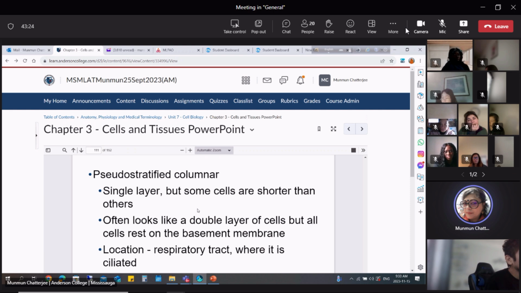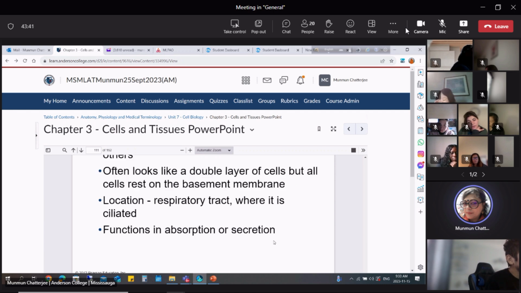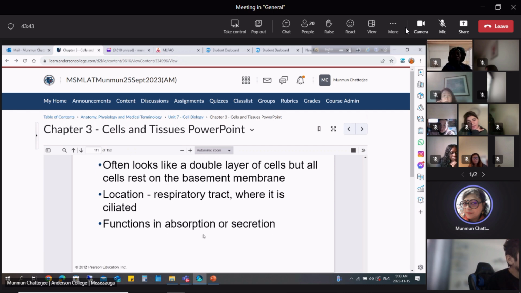So it's again single layer. Some cells are shorter than the others. So what is the pseudo-stratified columnar? When some cells are shorter than the regular one, that is the pseudo-stratified columnar cells. They are found mainly in the respiratory tract where it is ciliated.